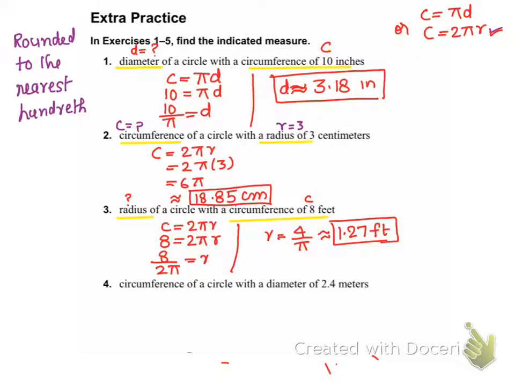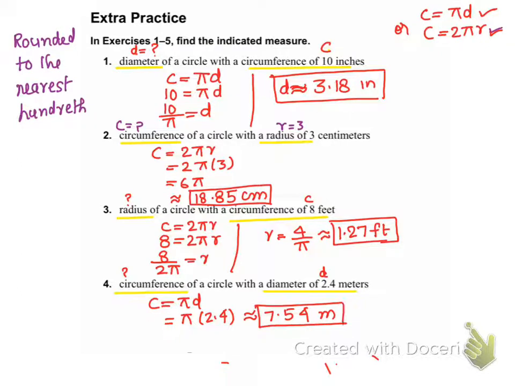We have to find the circumference of a circle with a diameter of 2.4 centimeters. What's given? I have to find the circumference C, and the diameter D is given. So I would be using this formula, C equals pi d, just plug it in: pi times 2.4. Then plug it in your calculator, and to the nearest hundredth it is 7.54 centimeters.